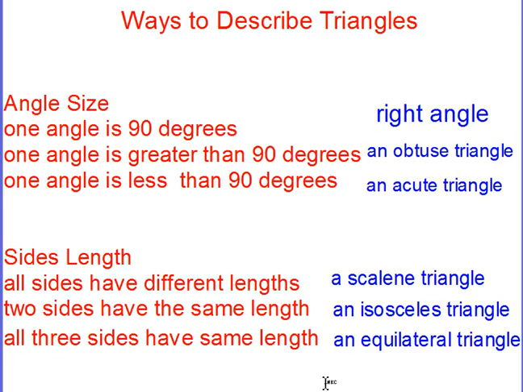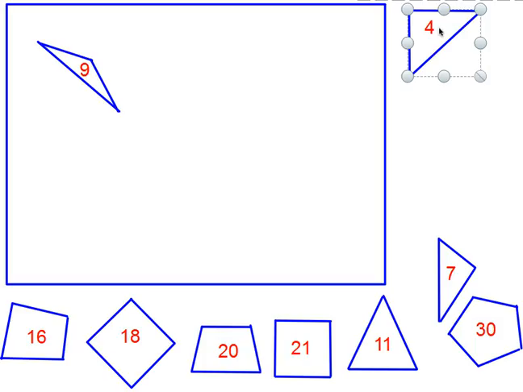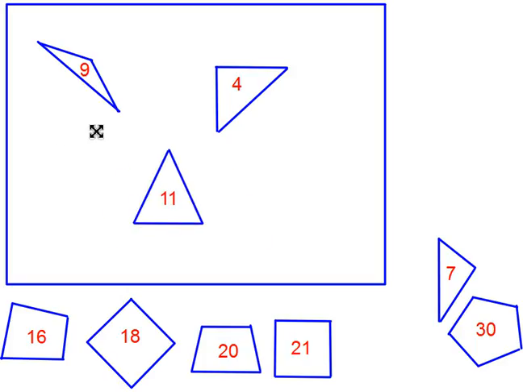So now that you have all your notes down, let's play Guess My Rule. How you'll play Guess My Rule is you'll put three triangles in, and then you will have your partner ask you questions.